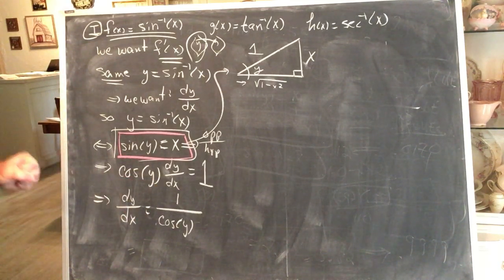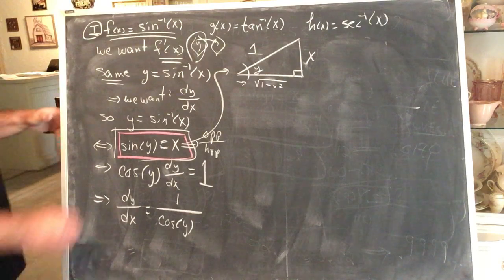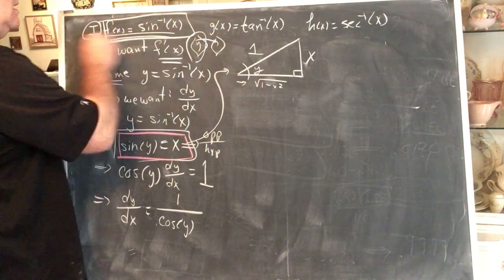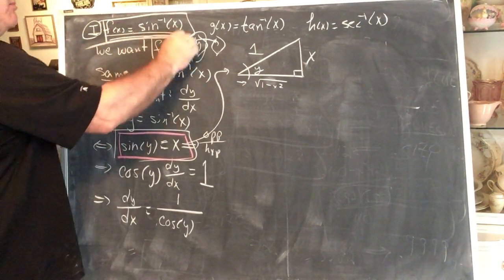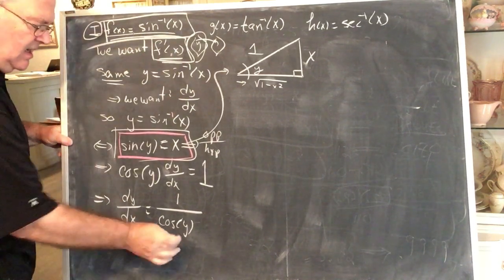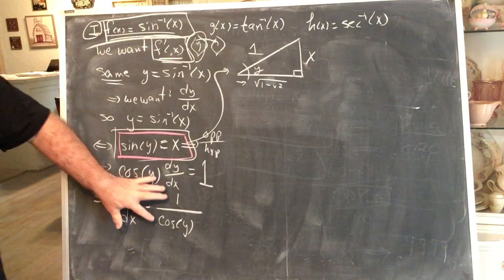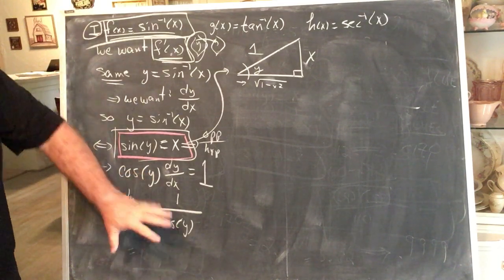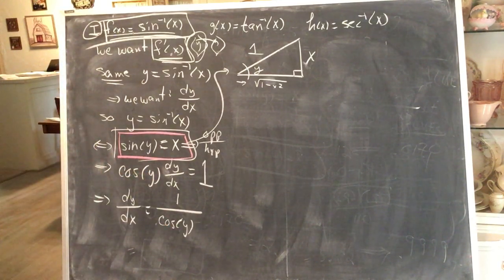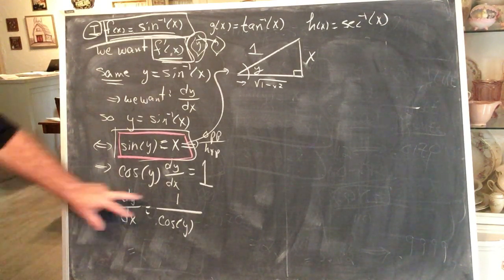The problem or the issue we have is this. This is a function of x. We want f prime as a function of x. This is not a function of x, it's a function of y. And so we need to translate cosine of y into an expression involving x. And so, how do we do that?